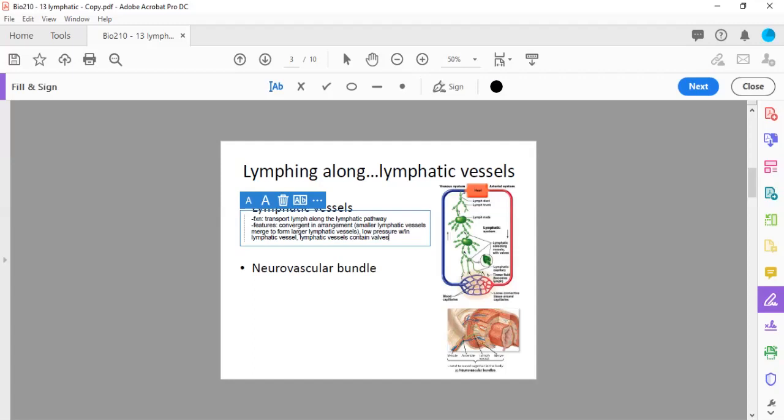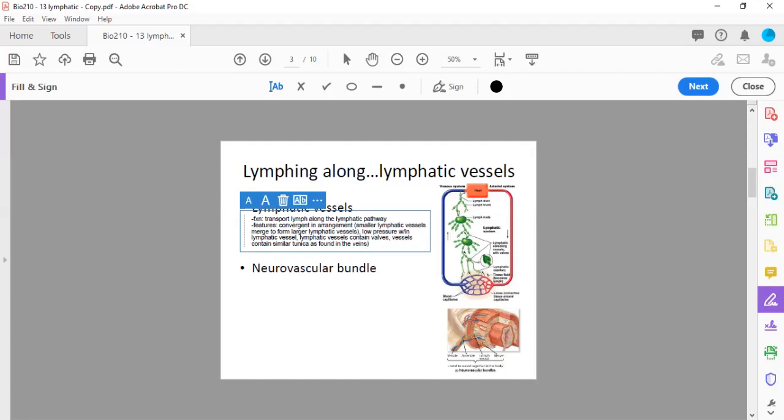Also, the vessels typically contain three, well, with exceptions, the same tunica as found in the veins.